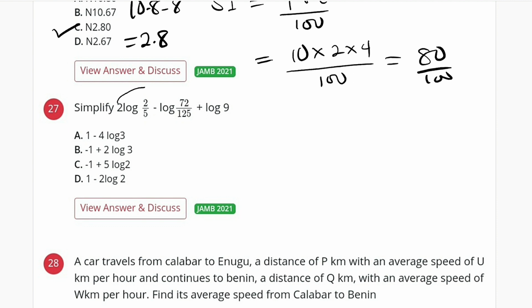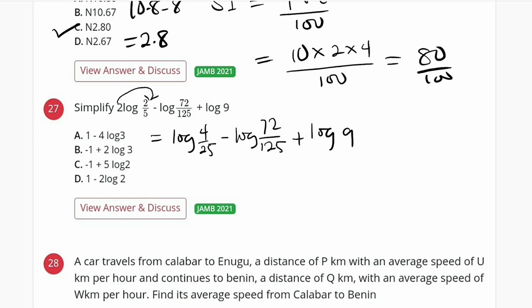Remember, this 2 right here can always serve as a power of this number 2 over 5. So this becomes log of 2 over 5 squared, which is 4 over 25, and minus log of 72 divided by 125, lastly plus log of 9.